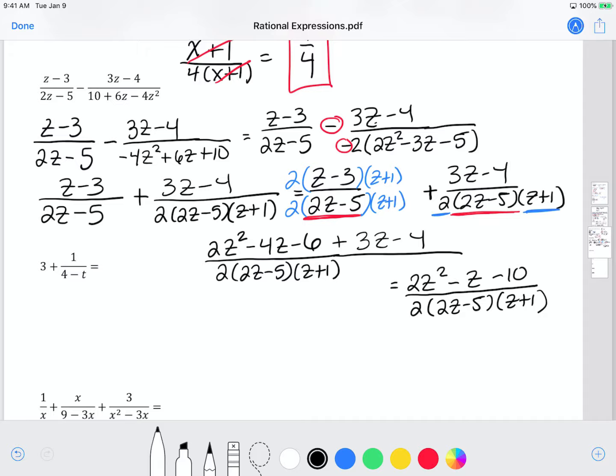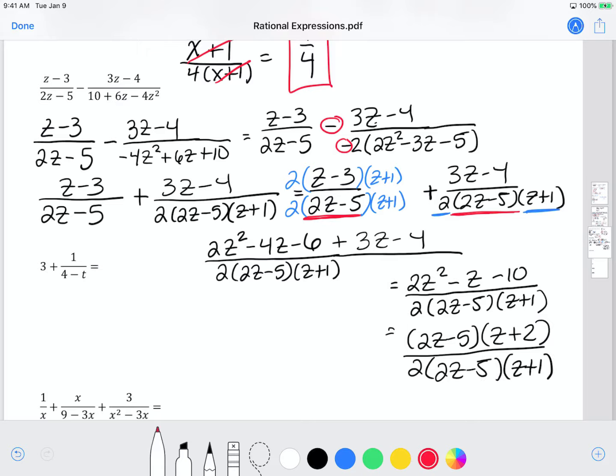And the last step is then to see if you can simplify. So if I factor 2z squared minus z minus 10, I would get 2z minus 5 times z plus 2. And that's all over 2 times 2z minus 5 times z plus 1.